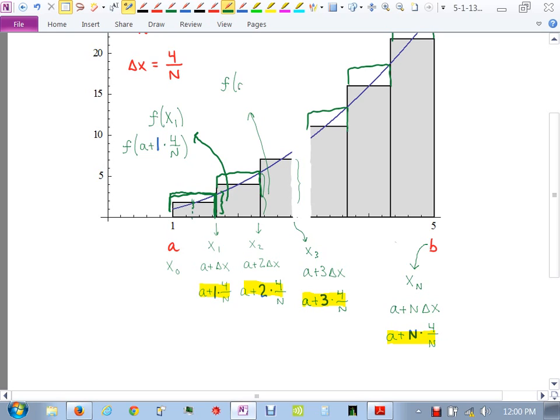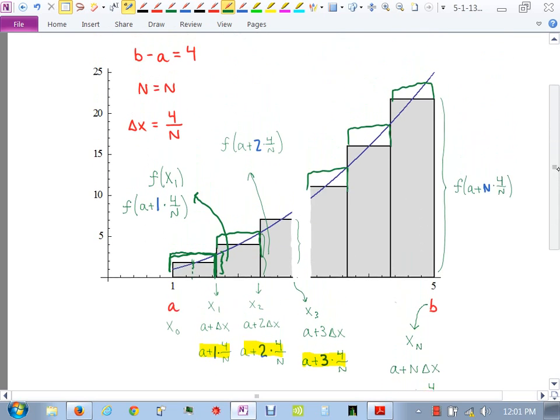F of a plus 2 times 4 over n. The next one would be f of a plus 3 times 4 over n. And keep on going till you get to the very last rectangle, and the height of that rectangle would be f of a plus n times 4 over n, and that's it. All right, I'm ready to proceed.